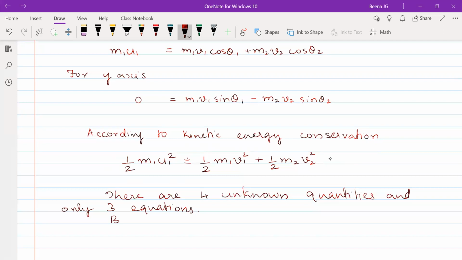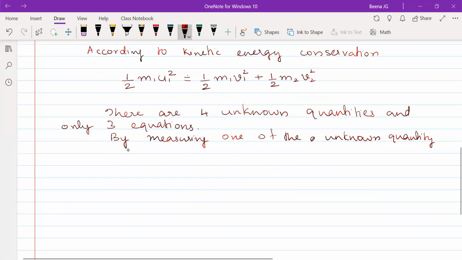What we have to do is measure one of the unknown quantities experimentally.